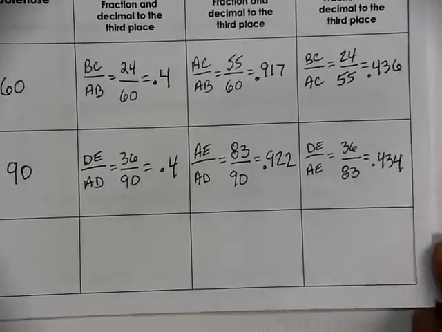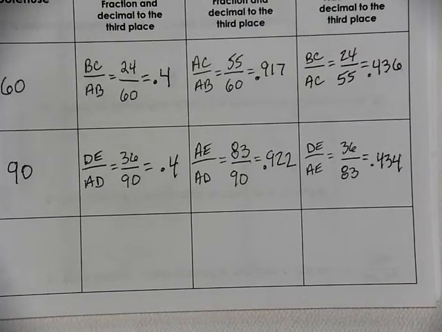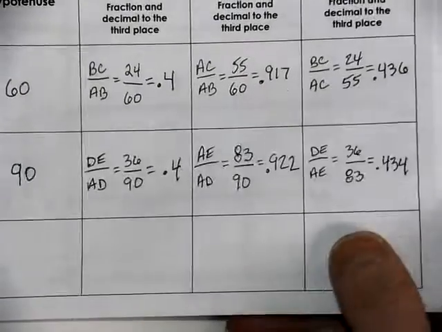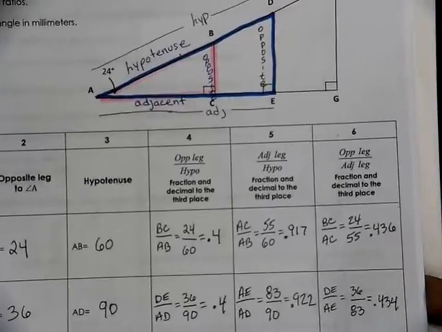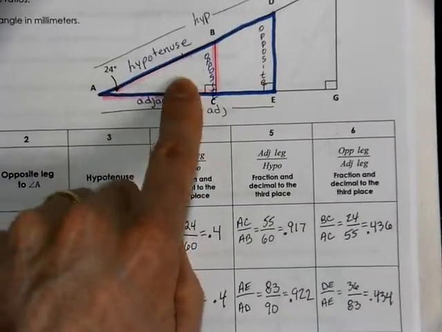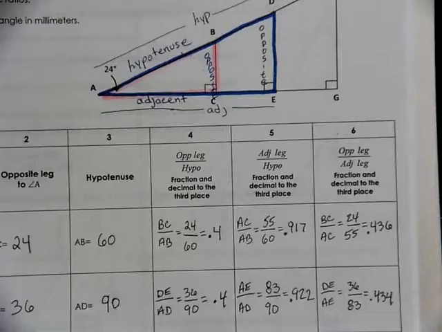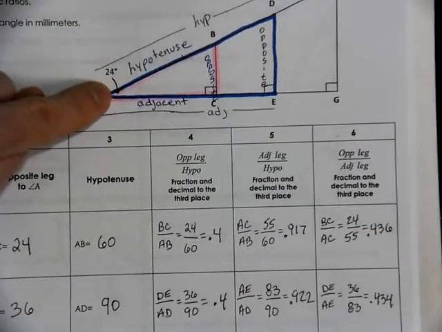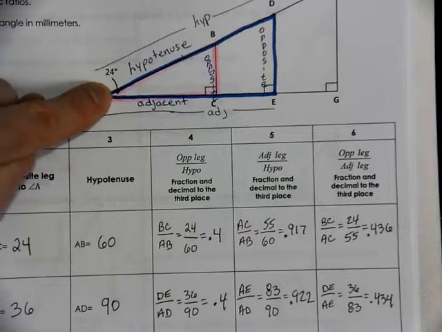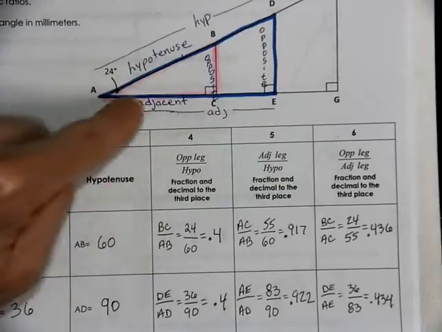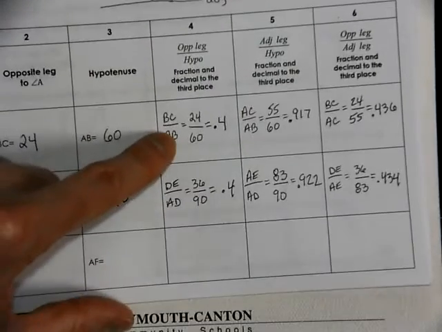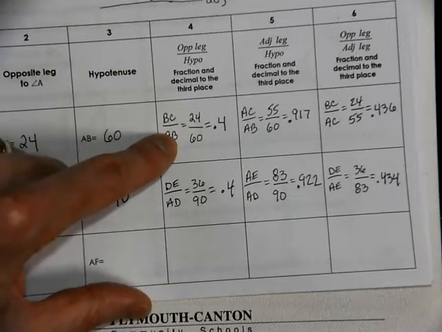So what we're noticing here is that we measured two different triangles. These two different triangles have the same angle. They're both right triangles. The pink triangle and the blue triangle are both right triangles. They both have a 24-degree angle. And when we do the ratios to them, we take the side lengths and compare them.